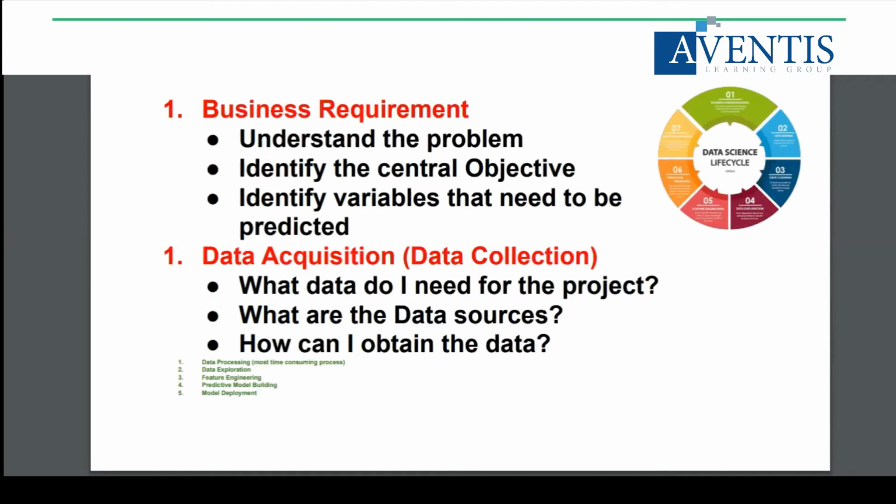There is lots and lots of data freely available, and that is the best starting point for any data scientist. If you go and sign in to Kaggle, you can search whatever your field is, find some data, download the data, and play with it however you want. So that collection of the data and knowing what the data sources are is the next step. And then, how can I obtain the data?